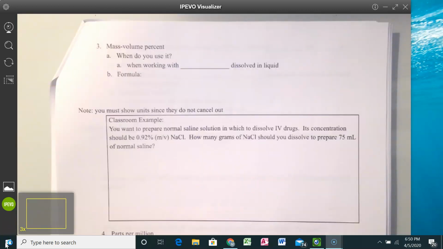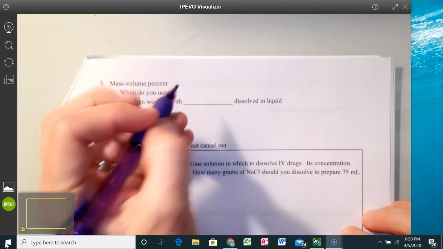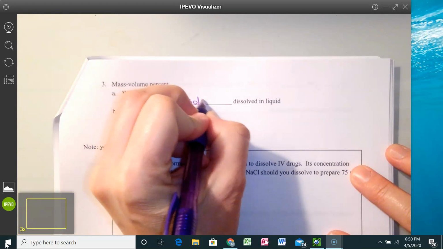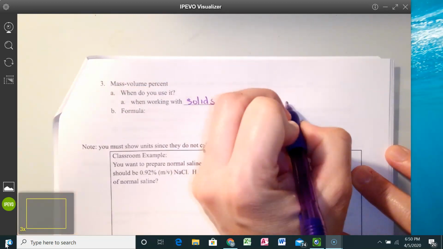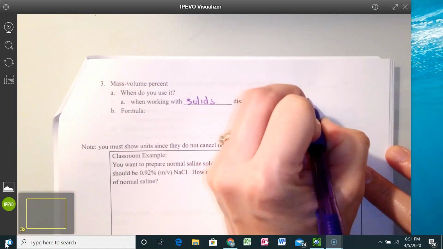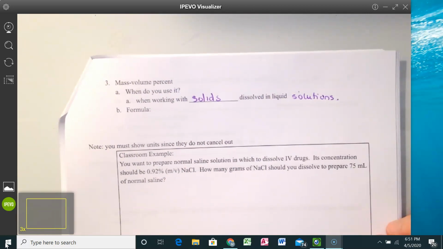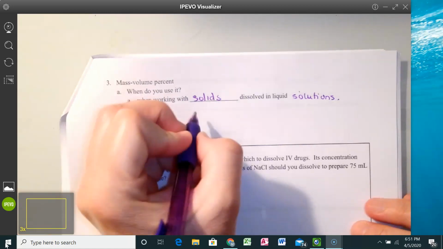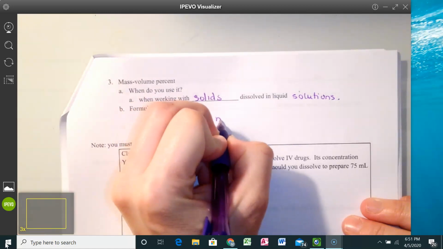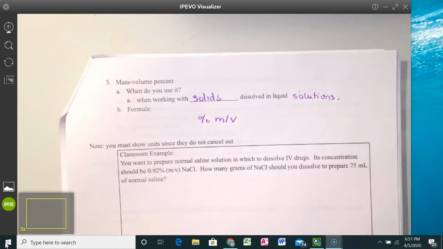Okay, so the third type is a mass volume percent, and this is probably used most frequently whenever you are working with solids that are dissolved in liquid solutions. So this is pretty common. The formula for this would be percent MV, just saying that it's a mass volume.